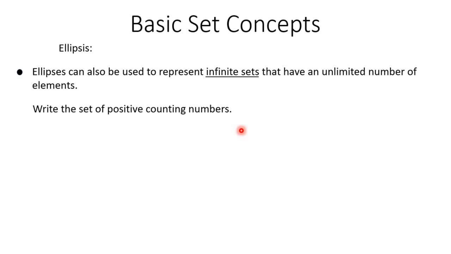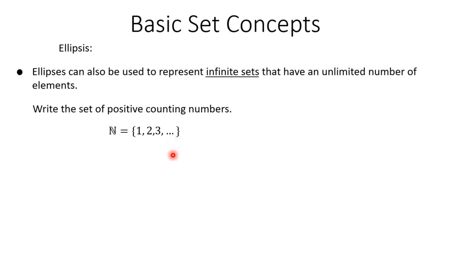So to represent that using roster form, well, there's a special symbol that we use for this set, this special N. So whenever you see this special N, they're talking specifically about this set. 1, 2, 3. You put the ellipses to show that continues as a pattern, but then you don't put anything on the right side of the ellipses to show that the pattern continues forever.